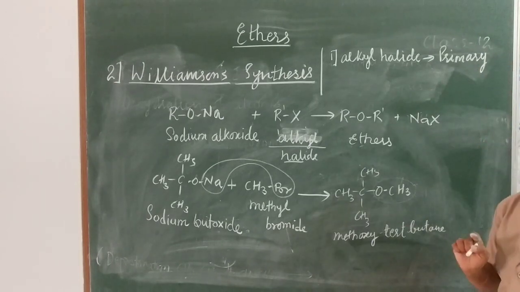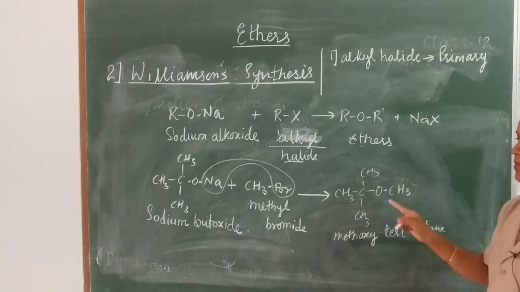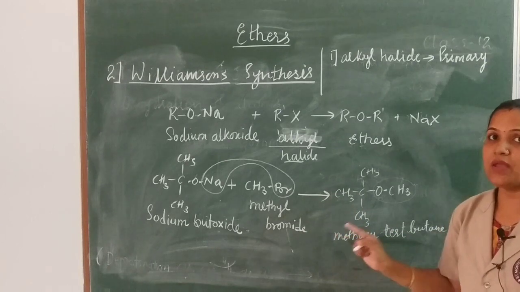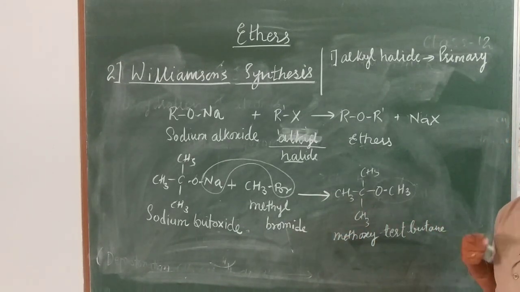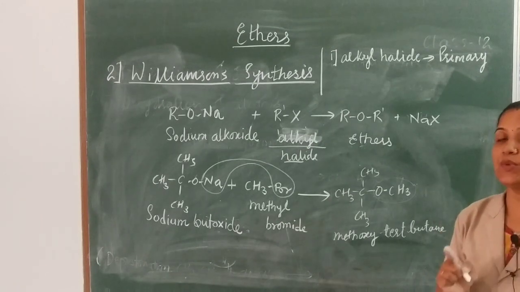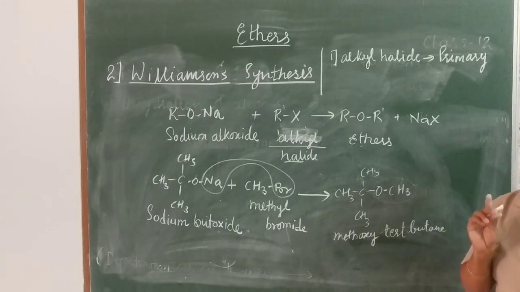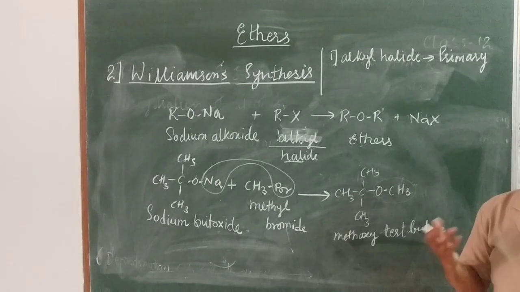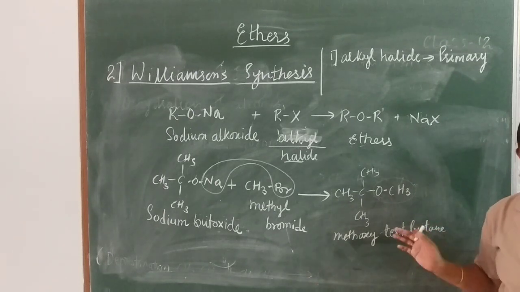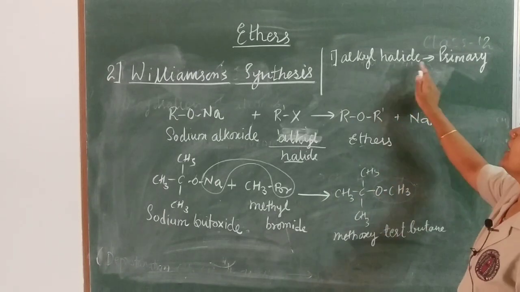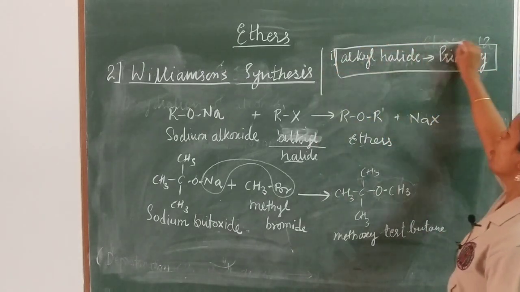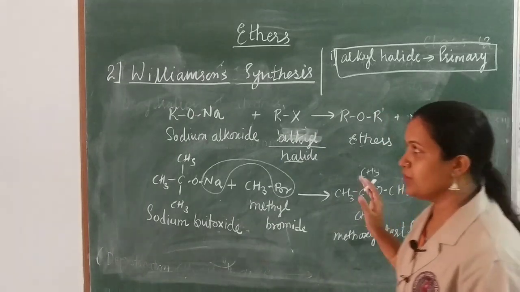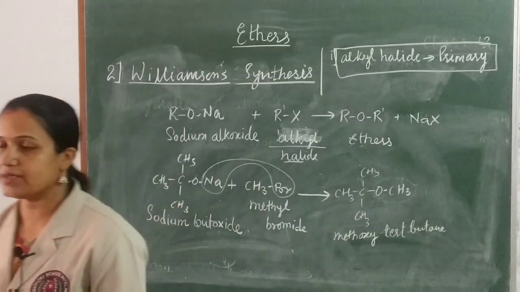Why should that be primary? Because if it is not primary, if it is tertiary, then it won't form ethers. It will undergo an elimination reaction and convert into alkene rather than ethers. So the alkyl halide should be primary. This is one of the very important concepts related to Williamson's synthesis.